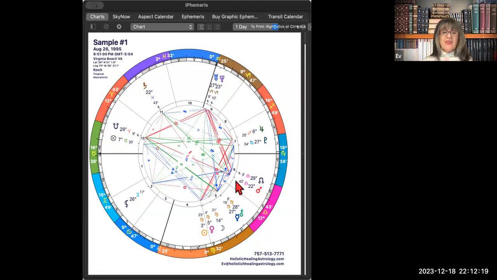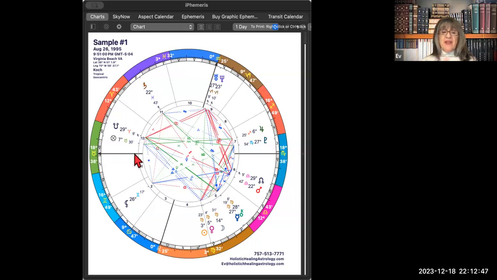So another thing that trips up people when they're looking at the natal chart is they don't understand the houses. So the houses are marked with these lines in the white ring. So the beginning of the first house is the ascendant. It's a special name because it's a very sensitive spot.